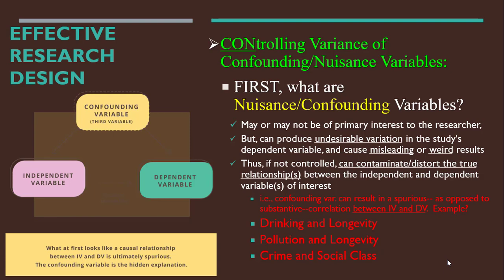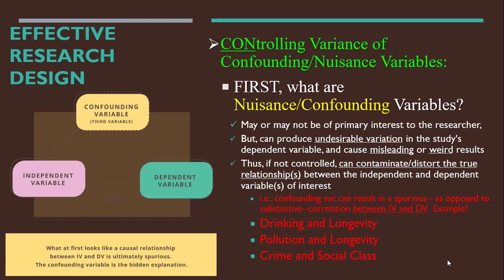So confounding or nuisance variables may not be of particular interest to you, but they impact on what you are doing. Okay, so we know that the independent variable explains the dependent variable.